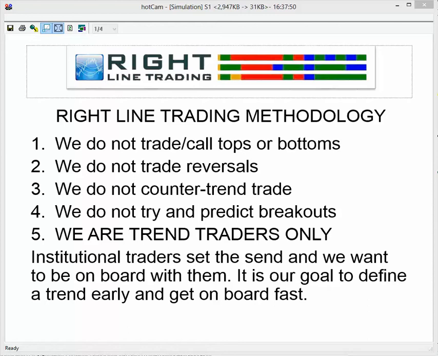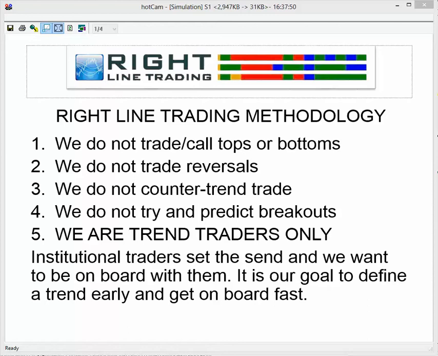Now, obviously if you don't call tops or bottoms, we don't trade reversals, and we don't counter trend trade, and importantly, we don't try and predict breakouts. When the market's in chop, again, we don't believe that any algorithm, any confluence of indicator signals is going to predict when the market is going to break out of chop and then head up or head down.